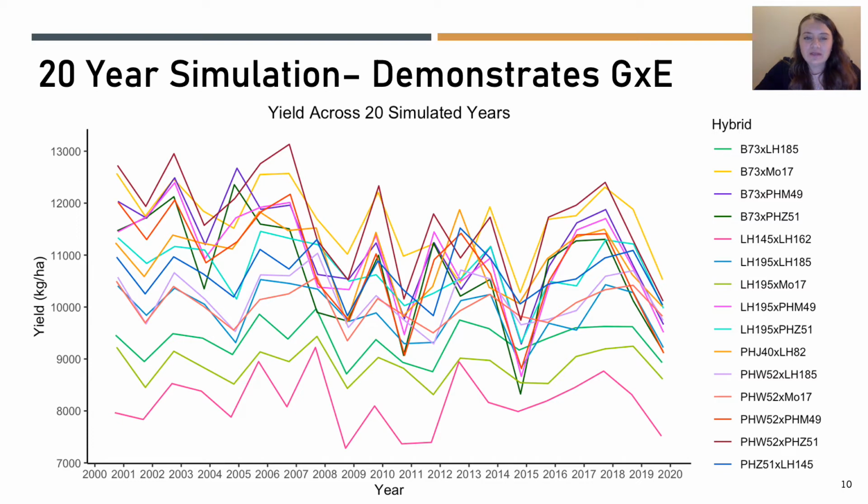I think of this simulation study as a proof of concept. After performing a simple mixed model analysis of this simulated data, we also found that G by E accounted for 20% of the total variation, which is within typical range.